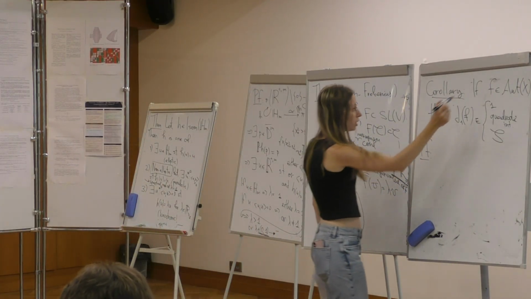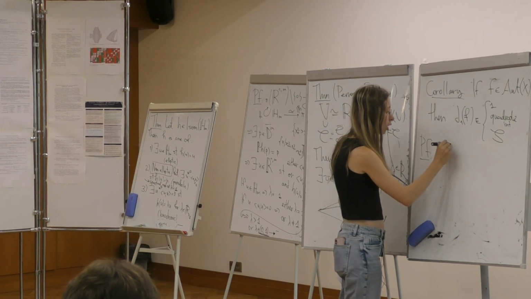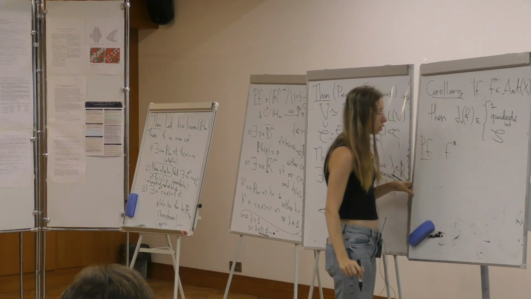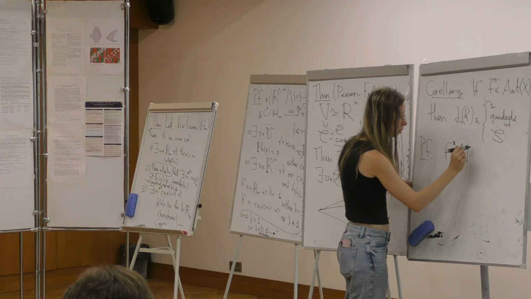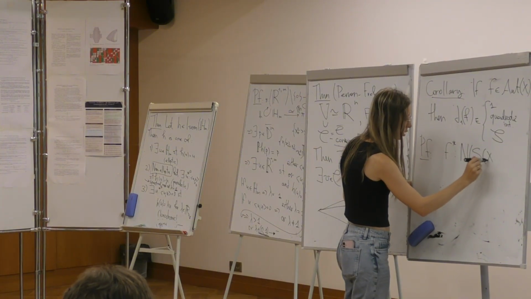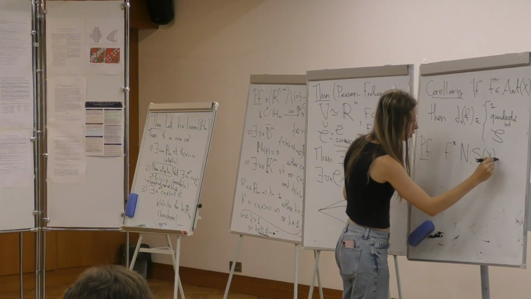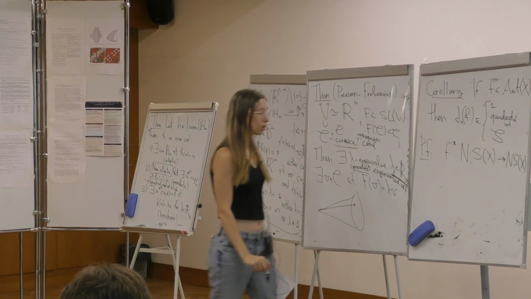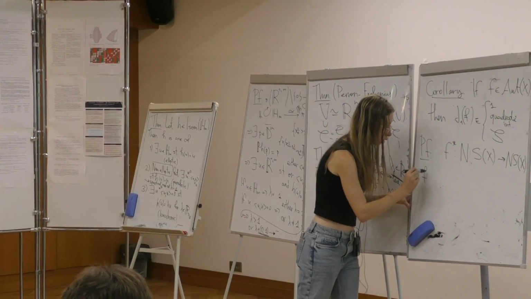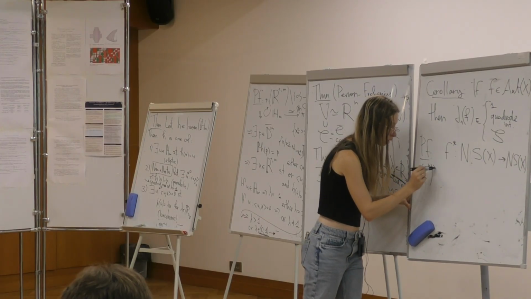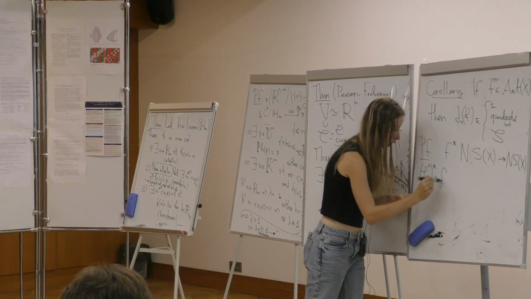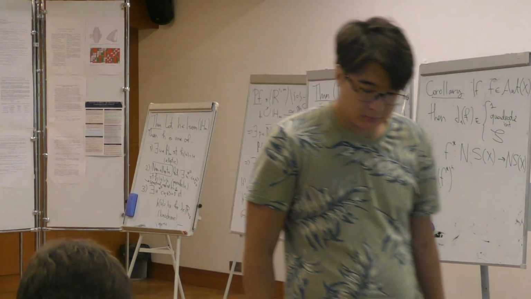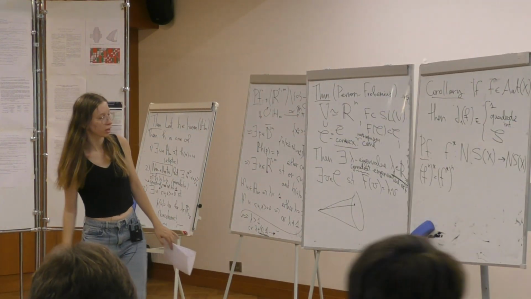So we have our automorphism. It induces the inverse image operator on the Néron-Severi group of X. And we know that the iterate of the pullback equals the pullback of the iterate.